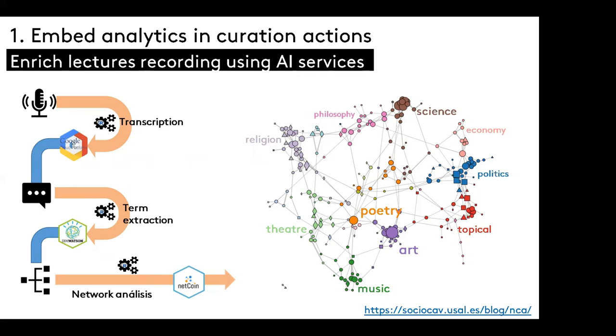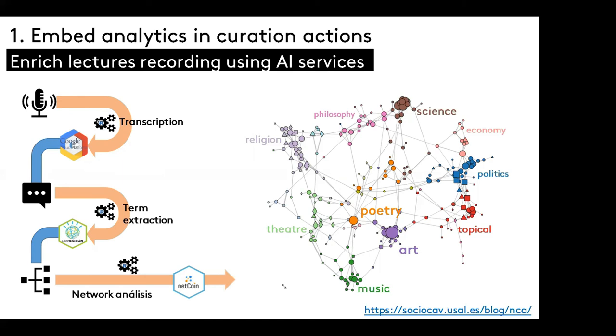And this is a very nice example, because we use different artificial intelligence services, what I sometimes call off-the-shelf AI, because there are all these big technology companies such as Microsoft, IBM, Google, Amazon. They have these AI services that you can use, and that will help you perform different tasks.